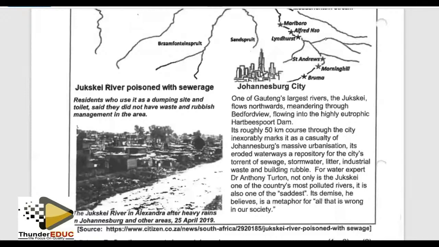One of Gauteng's largest rivers, the Cascade flows northwards, meandering through the city. Its roughly 50 kilometre course marks it as a casualty of Johannesburg's massive urbanisation. Its waterways are a repository for the city's torrent of sewage, stormwater, litter, industrial waste and building rubble.